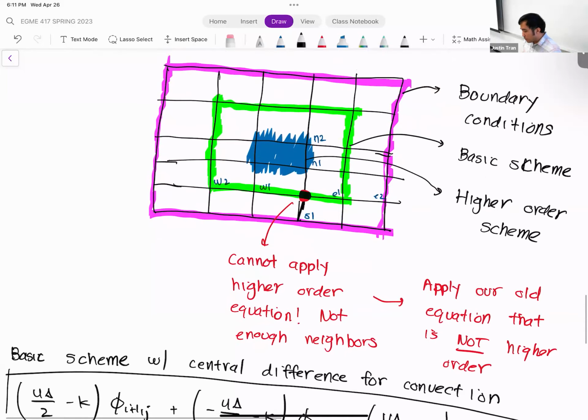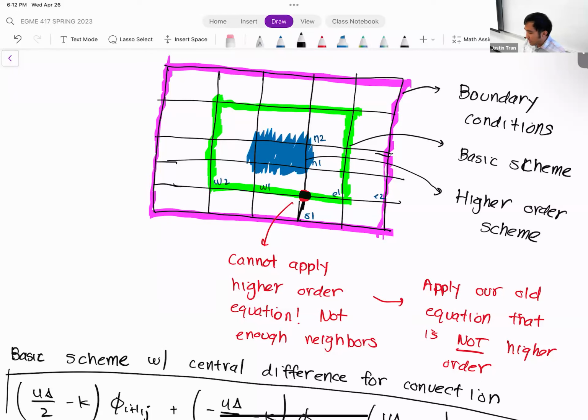I would say, for the higher order schemes in practice, the theory is not that difficult, or I should say it's not all that different from what we've been doing throughout the class. It's really just applying a different scheme for the convection. Where higher order schemes get difficult, and what people tend to struggle with, is actually the code.